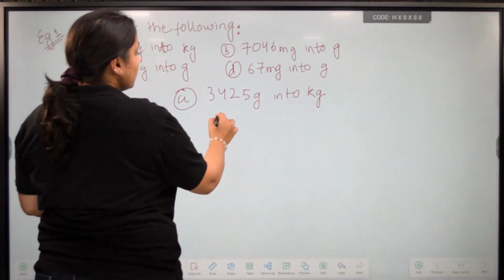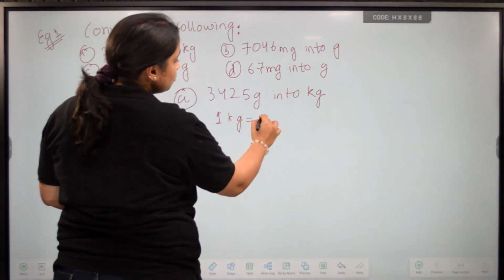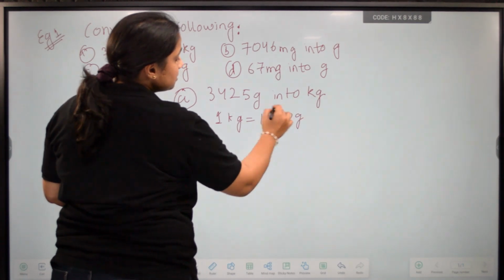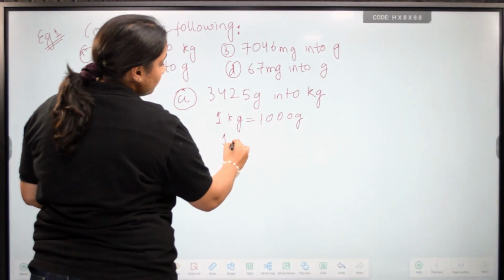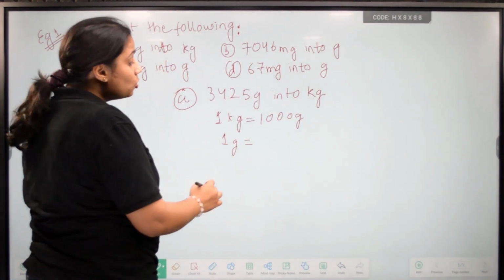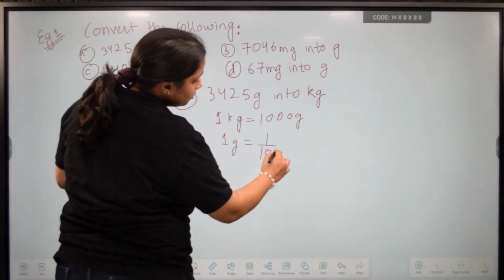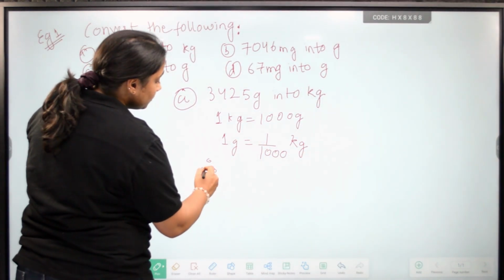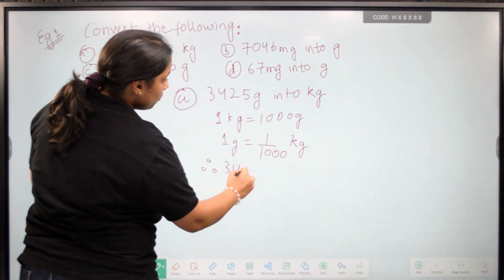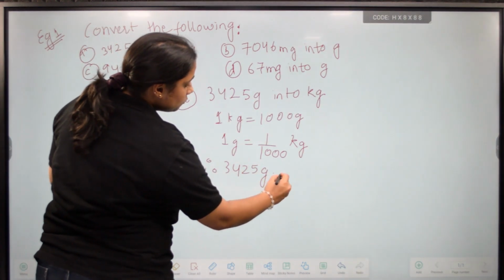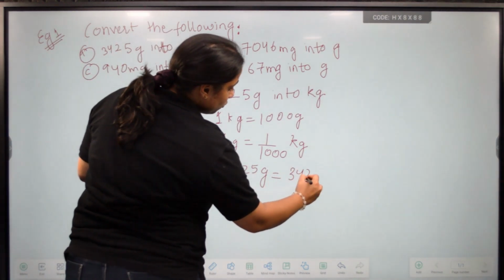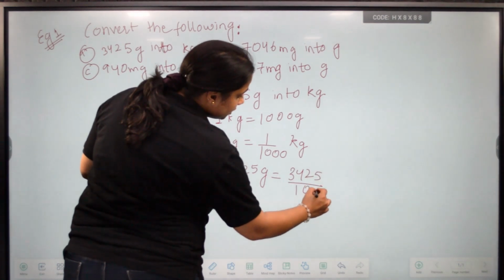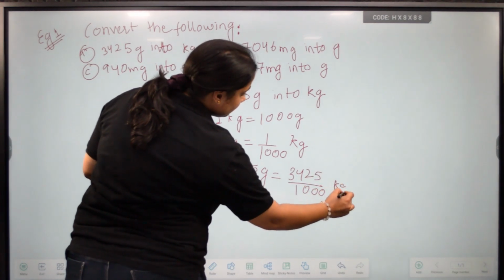We know that 1 kg is equal to 1000 grams. So 1 gram will be equal to 1 upon 1000 kg. Therefore, we can say that 3425 grams will be equal to 3425 divided by 1000 kg.